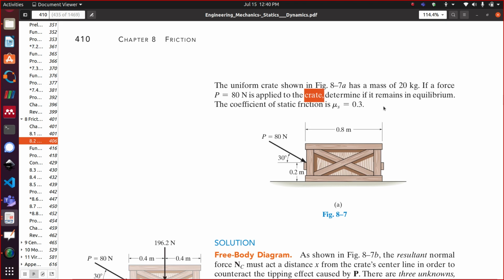So the question is, determine if it remains in equilibrium if the coefficient of static friction is 0.3. So that is the question.